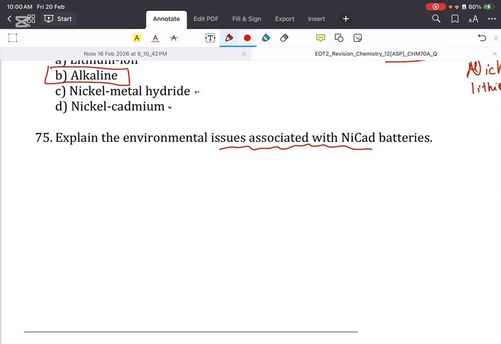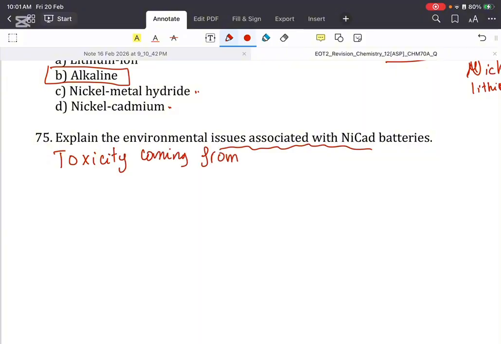First of all, it's the toxicity coming from cadmium metal. Cadmium metal is very toxic and it's considered an environmental hazard. So that's why we replace them.